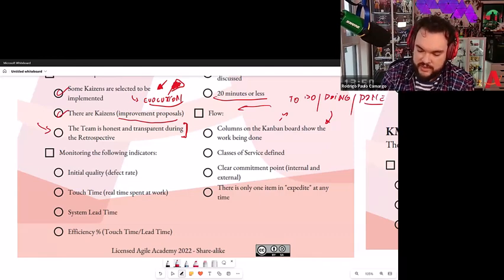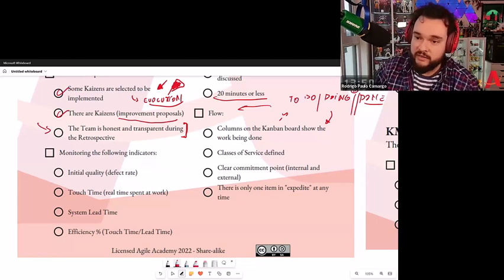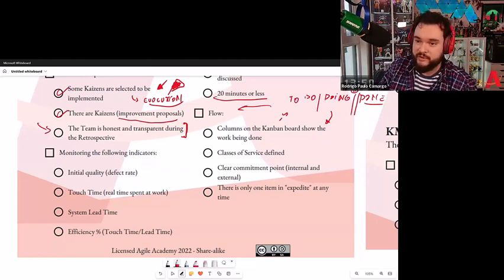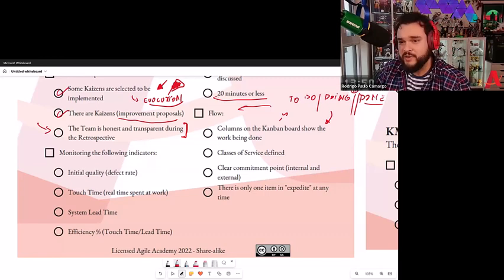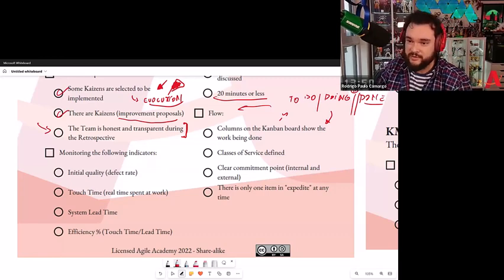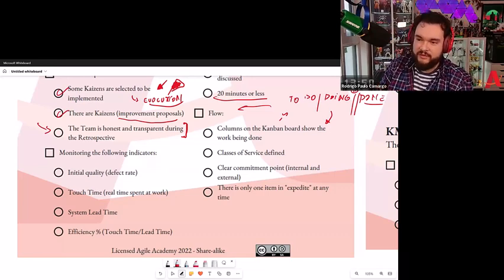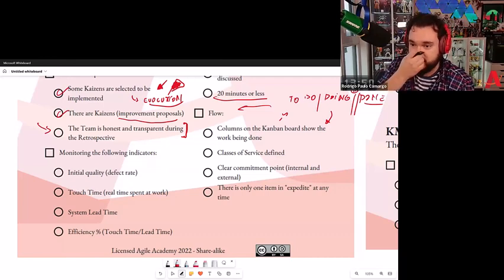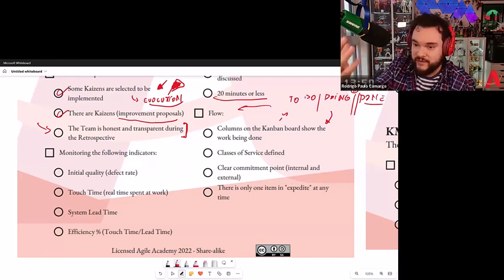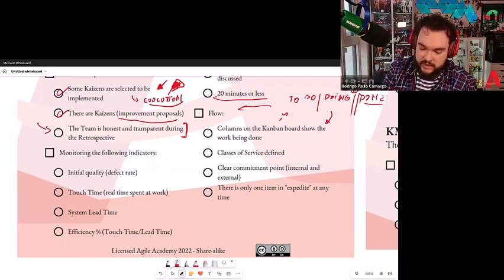Then, because they learned it somewhere, they add a column and call it blocked. And basically I want to die or hang myself if you have a blocked column. If anyone here has a blocked column, please remove it tomorrow. Use the flag feature in your Jira or Azure. Every tool has some kind of flagging feature. Basically, change the color of the item instead of having a blocked column. So the thing I'm checking here is, can I know what kind of work they are doing, right?